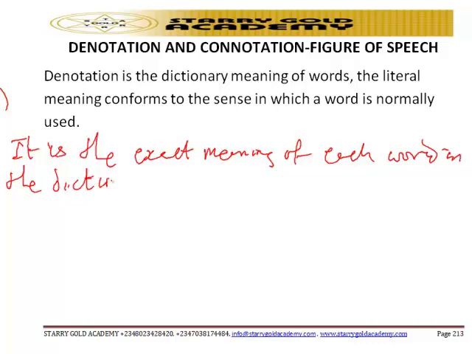So I believe with this you now understand what we mean by denotation. Anytime you come across it, you know what we mean. Two or more words are used denotatively when we refer to the dictionary meaning of such words.